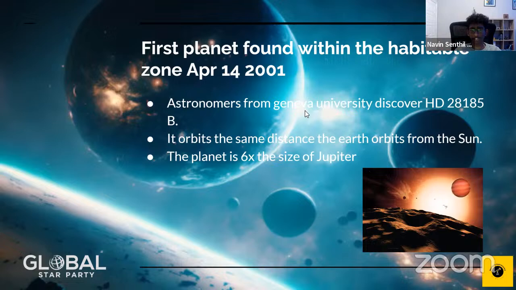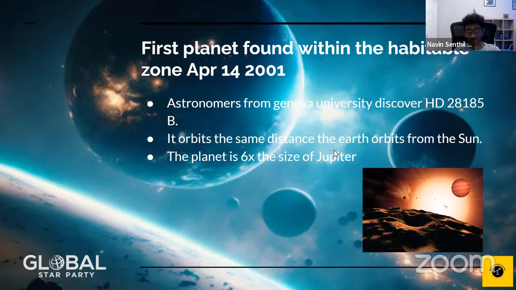Astronomers from Geneva University in Switzerland discovered this planet, HD 28185b, which orbits at technically the same distance from its parent star as the Earth does from the sun, which is similar to the Earth and a coincidence. It's very interesting. And this planet, for reference, is 6 times the size of Jupiter.